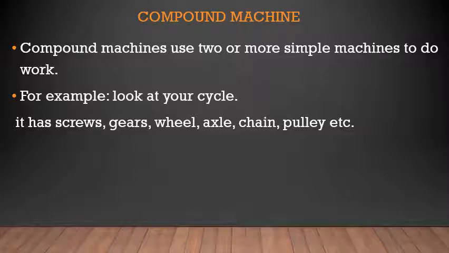Next, you're going to learn about compound machines. A compound machine means when you use two or more simple machines to do the work. For example, I'm sure you all have a cycle in your house, or otherwise you have at least seen a cycle.